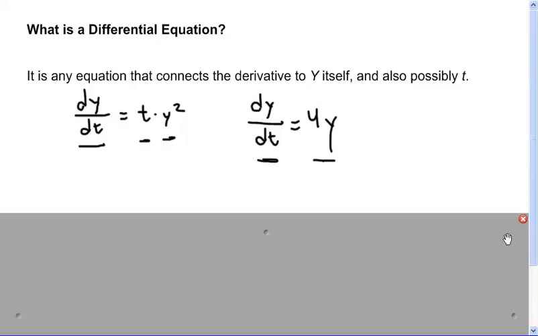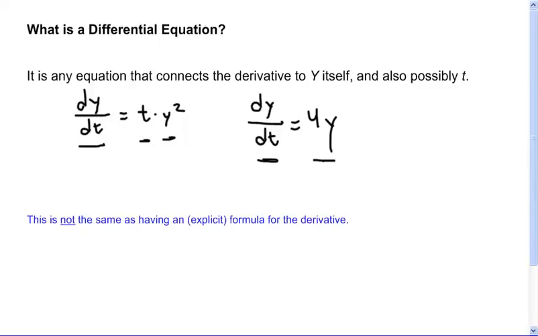Now, the first thing I want to say about this, and it's the biggest mistake that students make at first when they learn about differential equations, is that differential equations are not explicit formulas for the derivative in the way we usually mean that. So in other words, here's what I mean by an explicit formula: dy/dt equals 4t.